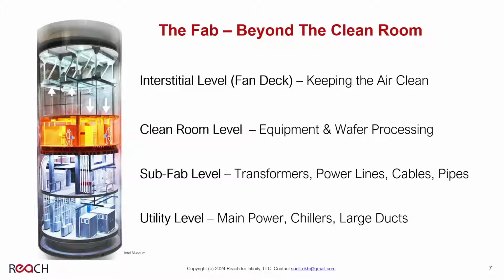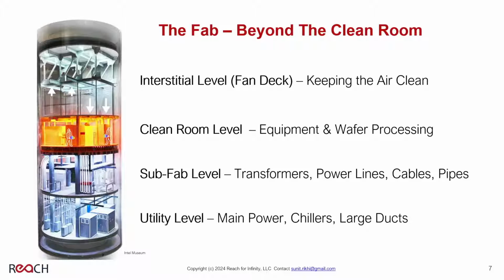Its job is to keep the air clean. It takes circulating air coming up from lower floors, and it sends clean air down, and that's how the whole thing works.